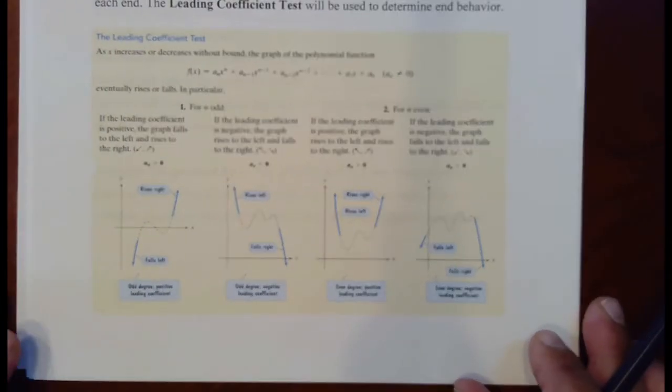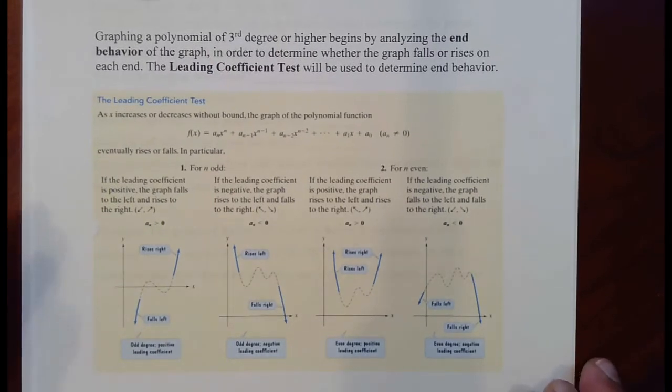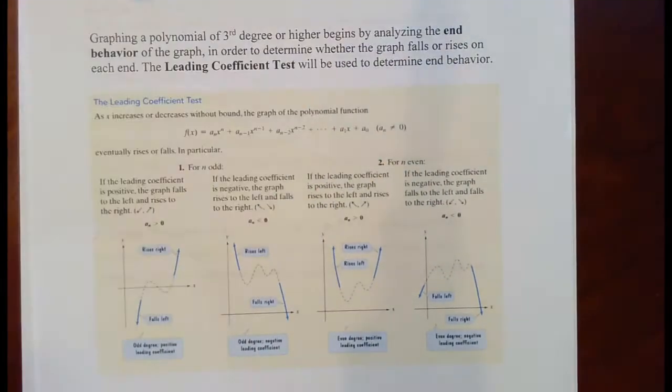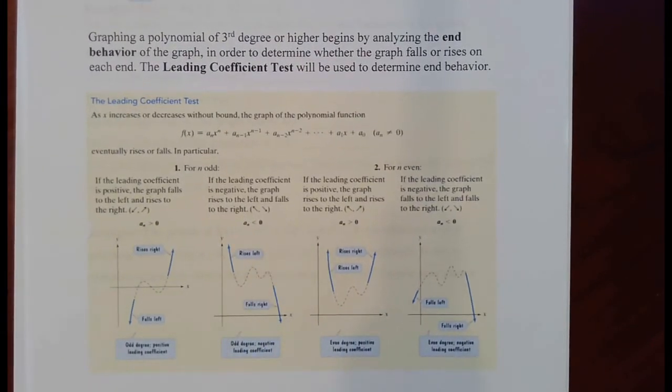Okay, the very first thing that you are going to use each and every single time you try to graph one of these on your own is what's called the leading coefficient test. So you're going to have to memorize the 4 possibilities for the leading coefficient test. So we're going to go over that right now, and each time I do a problem with you and produce the graph myself, I'm going to refer to the leading coefficient test.